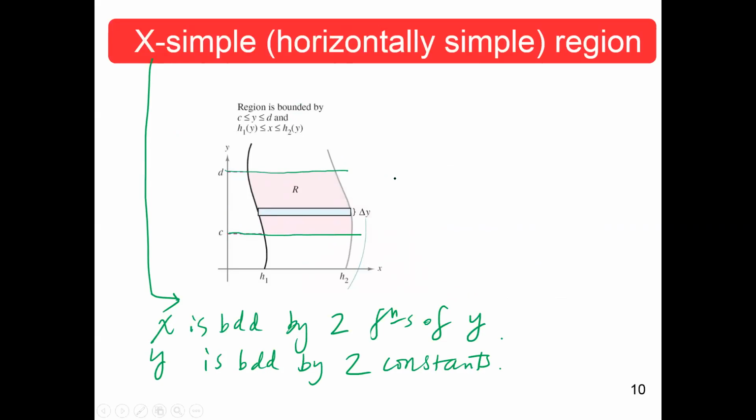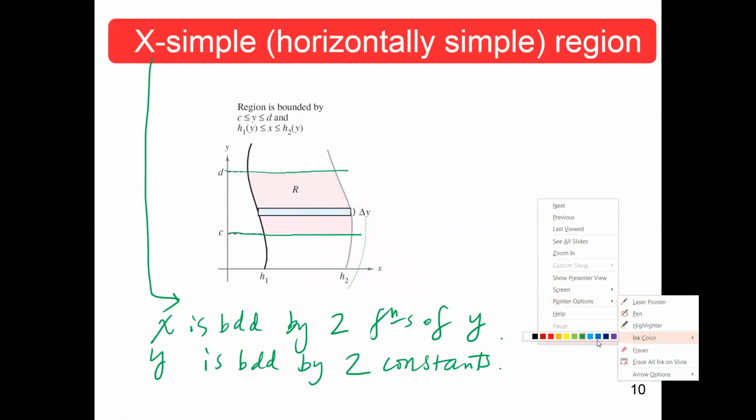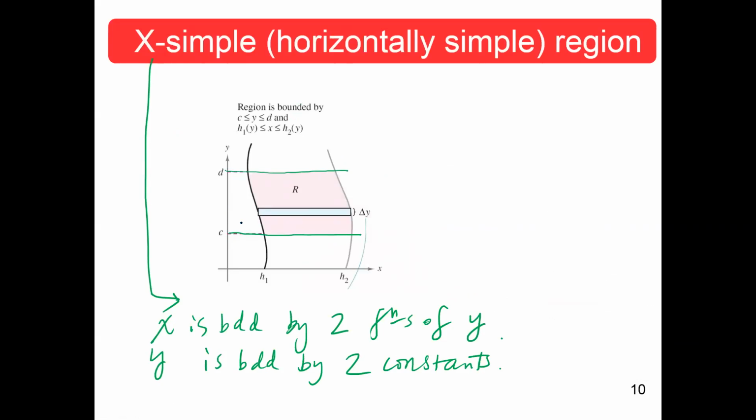And in my x, if I draw an arrow, my x would be bounded by two functions. One is this function as a lower bound, h1 of y.